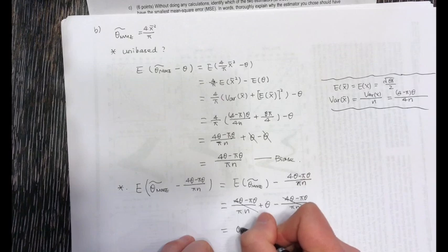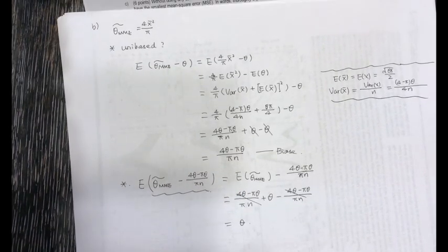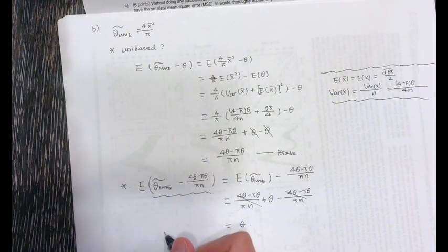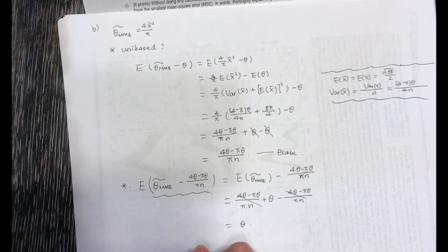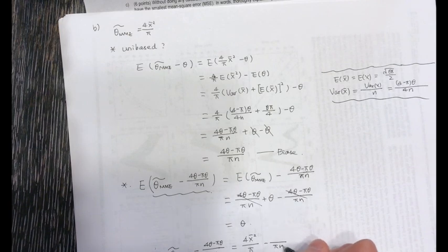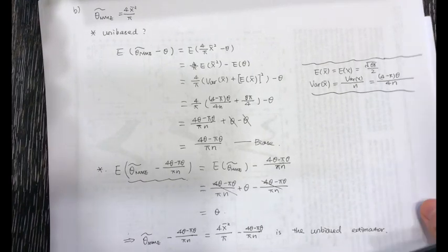So here they will equal theta. So then this is the unbiased estimator we constructed from the MME. Problem solved.